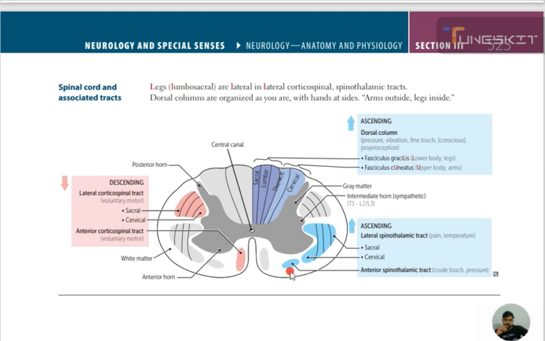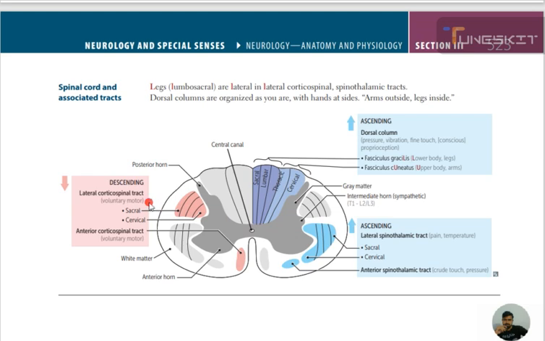Again, the anterior spinothalamic tracts are located on the anterior side, which carry crude touch and pressure, and the ascending lateral spinothalamic tracts, which are lateral, carry or belong to the sacral, and the medial, which belong to the cervical, and these carry pain and temperature.